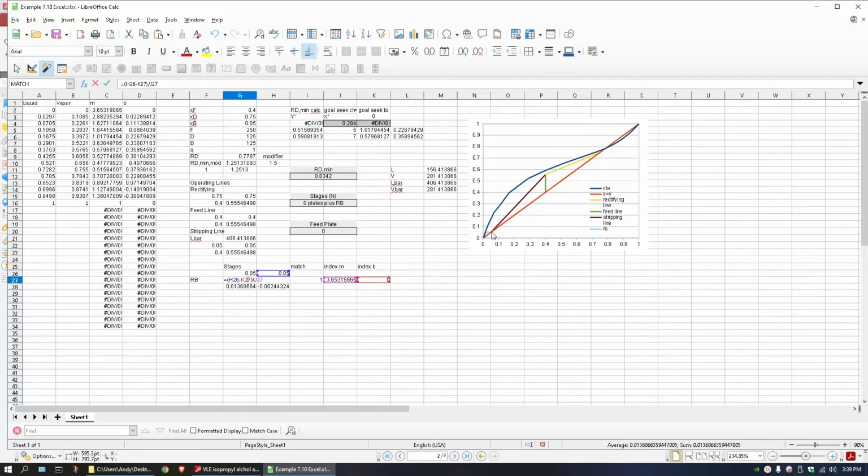So since we're going from the bottom and up, we're going to have to change this around. We're going to have the same X as before, so this will be the same X value that we had before. But our Y value is going to be based on our equilibrium curve. So we want to match our X to our liquid column to get what range our M's and B's are going to be in.